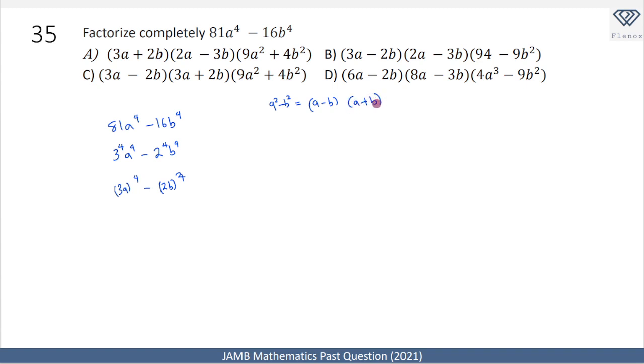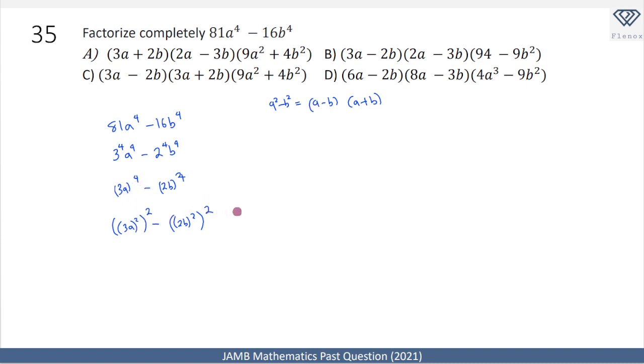So now how can we write this expression in terms of squares? This is the same thing as saying ((3a) squared) raised to power 2 minus ((2b) squared) all raised to power of 2, because you know from our indices, to bring this into this, you just need to multiply the exponent. So this is the same thing as saying (3a) raised to power 4.